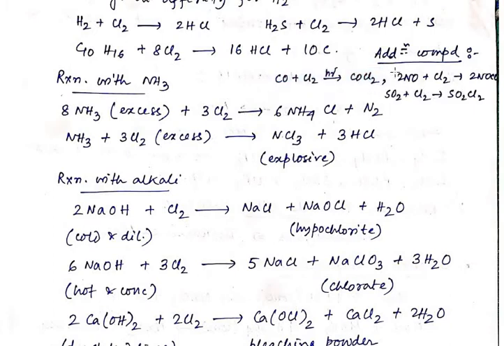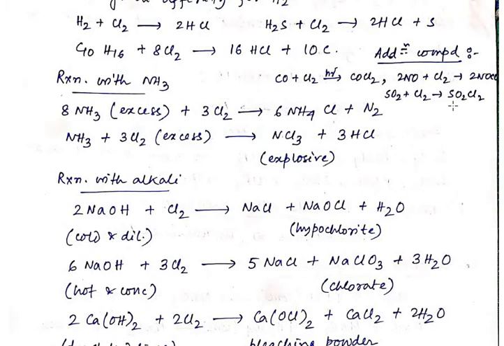Similarly, when the NO gas reacts with the Cl2, it will form NOCl. Similarly, when I react the SO2, that is sulphur dioxide, with the Cl2, it will form SO2Cl2. So these are known as the addition compounds or adducts, the formation of the adduct.